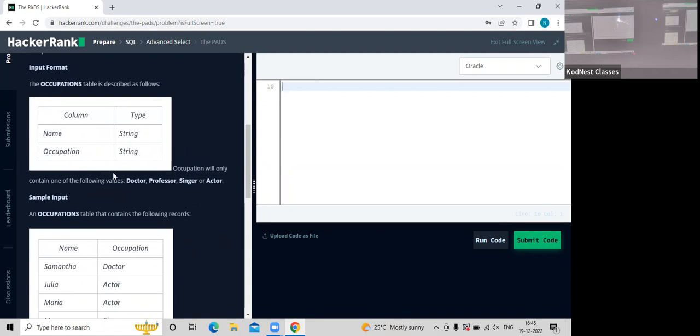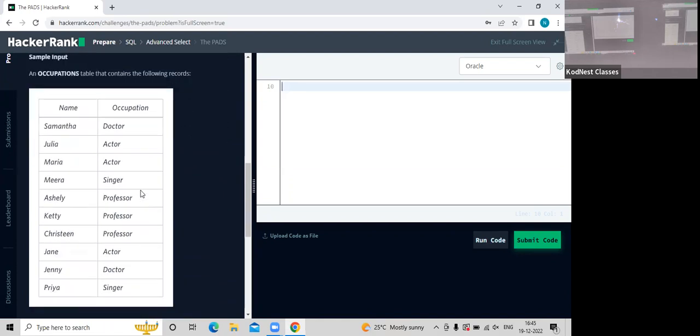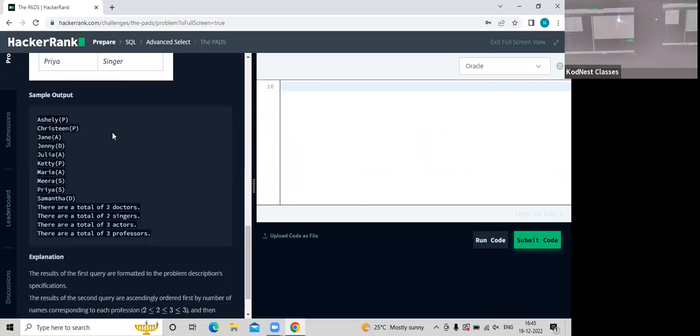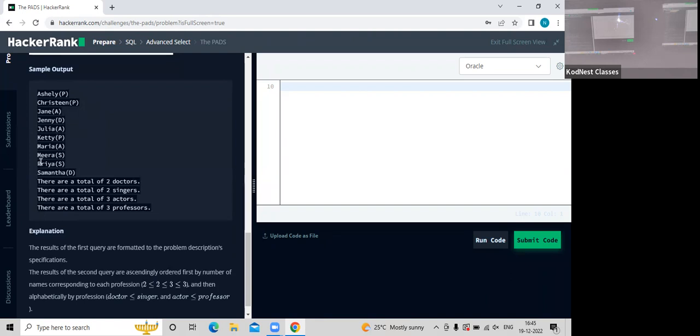Occupation will only contain one of the following values: doctor, professor, singer, or actor. Assume you have a sample input like this. In this, she is a doctor, so for her name D should be present. For this other name, A should be there because that is their profession. See the sample output. Like this, it should display.